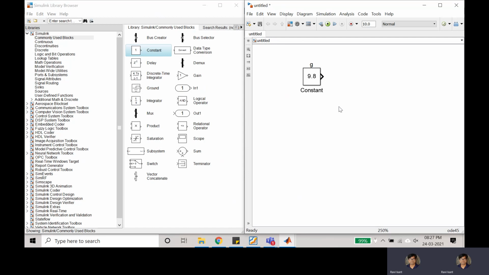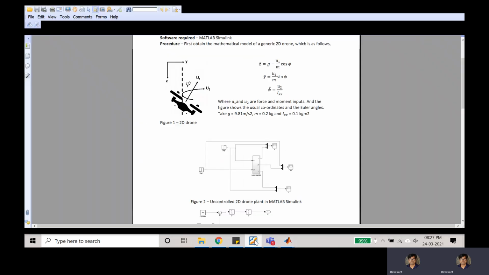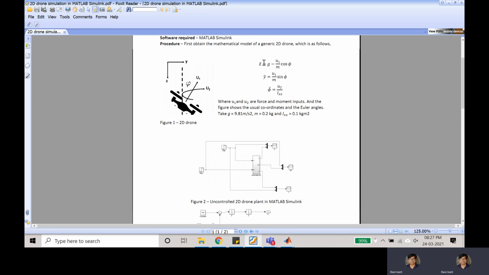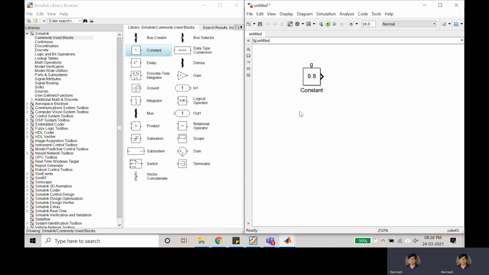Now what you are going to do is give an input. So this g should be subtracted by some input times 1 upon m, right? So what I will do here is take some input. Let's suppose I have some input. I'll say that this input is my u1.